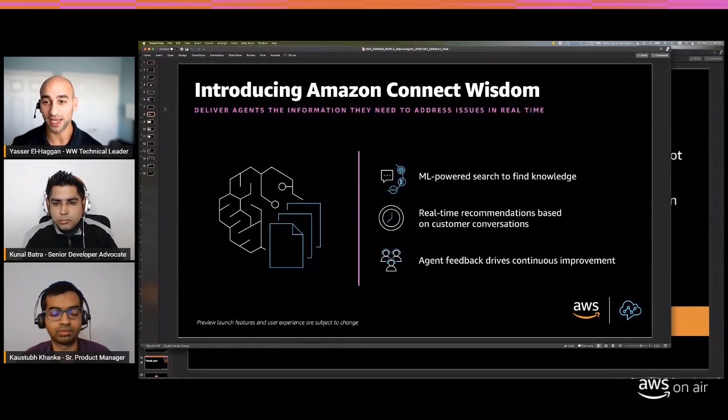We can index that information, and then either make it so that the agent can search for that information just using natural language search queries, or if they're using Contact Lens real time, we can actually take the feed from Contact Lens and surface relevant articles in real time to the agent without them even having to make that search.